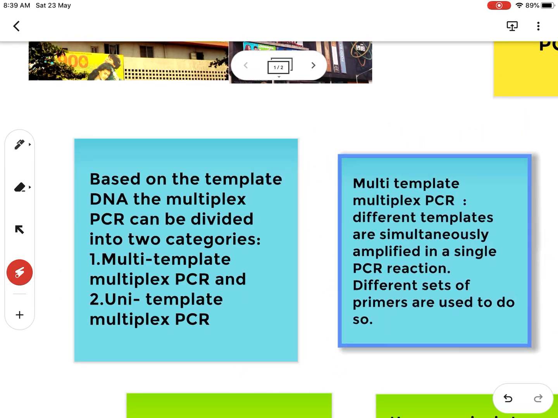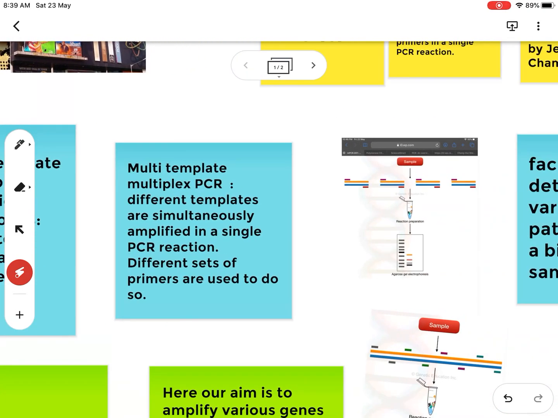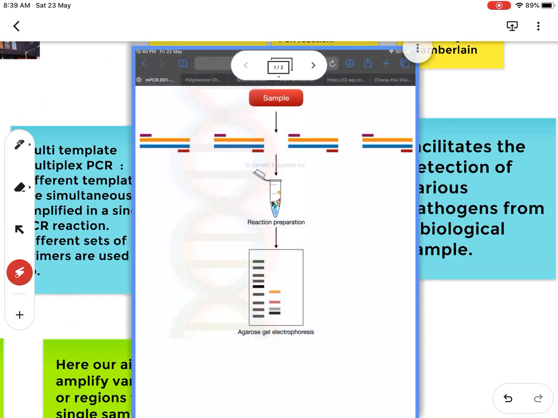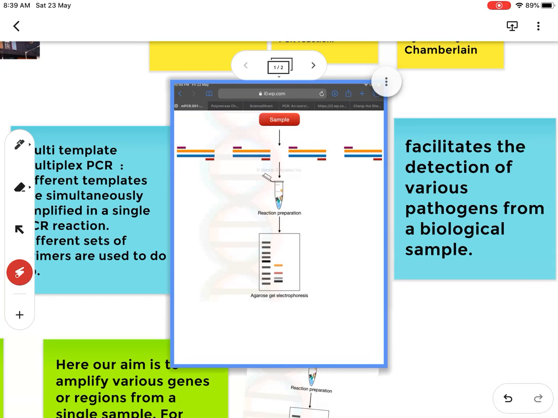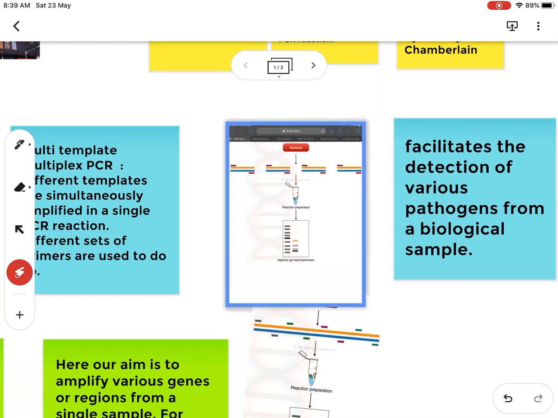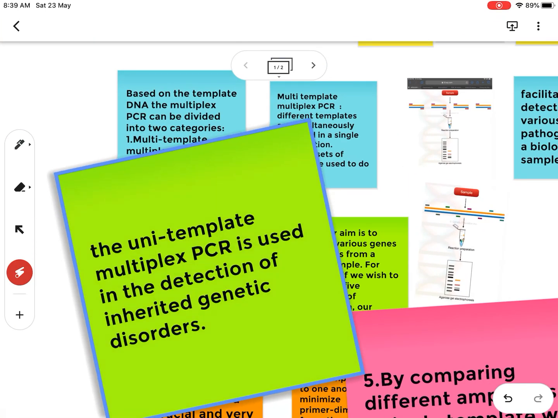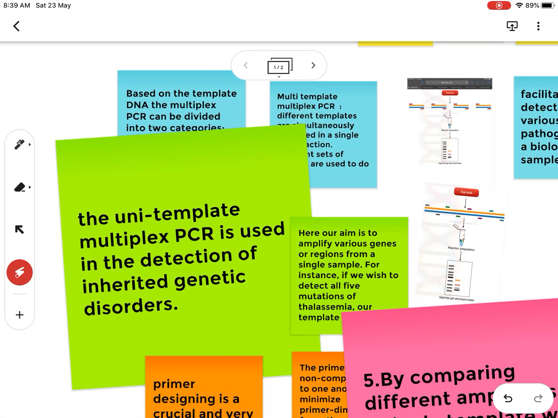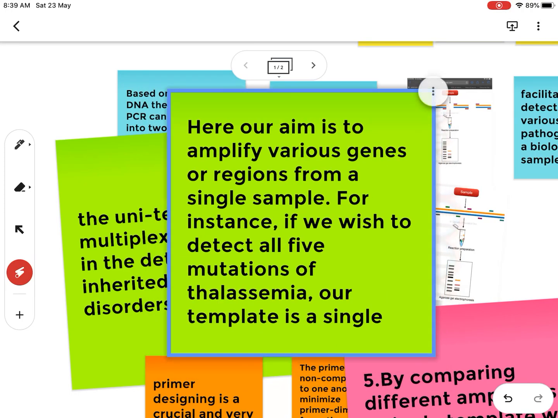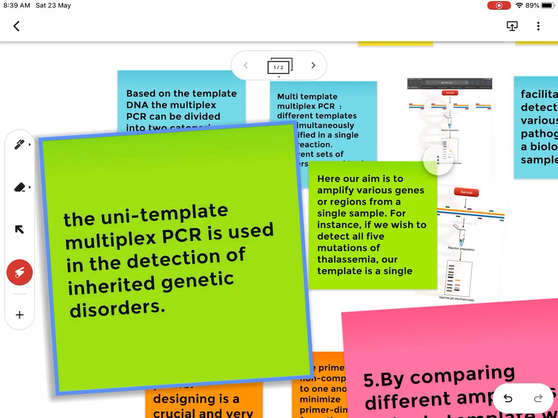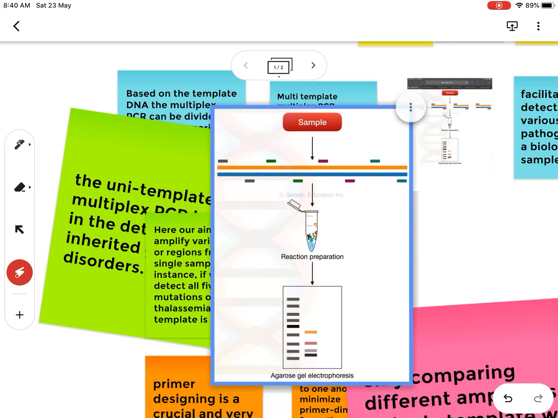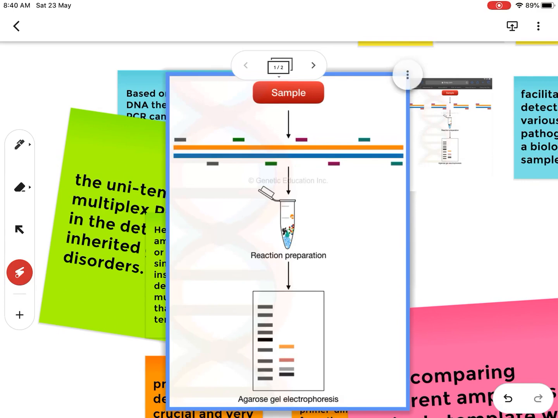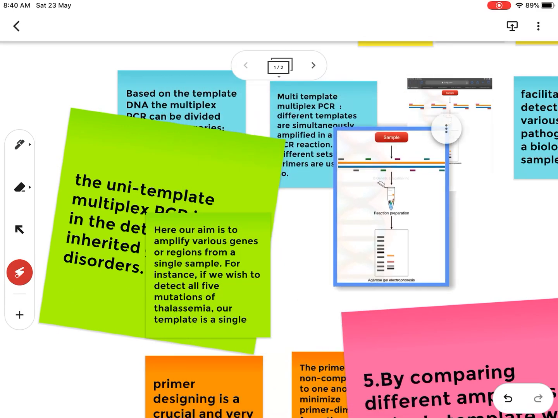In multi-template multiplex PCR, different template DNA are amplified simultaneously, and this technique is used in pathogen identification. So different templates are amplified in a single set of reaction, whereas in uni-template multiplex PCR, the single template is amplified by multiple sets of the primers, and this technique is used for detection of inherited disorders. So this is how you can represent the uni-template multiplex PCR.